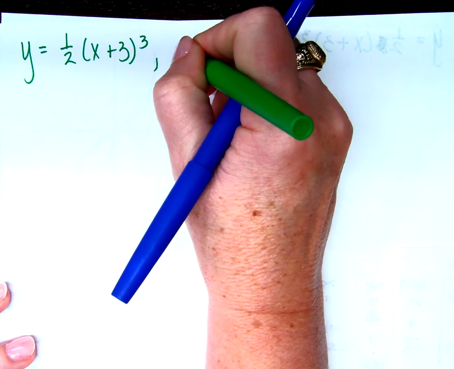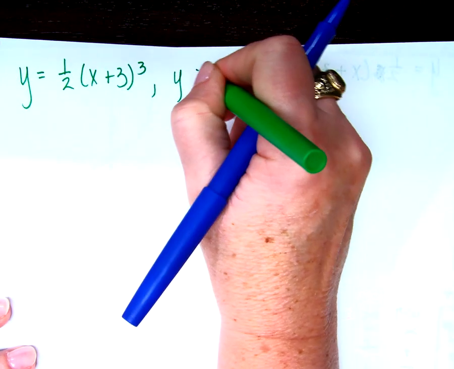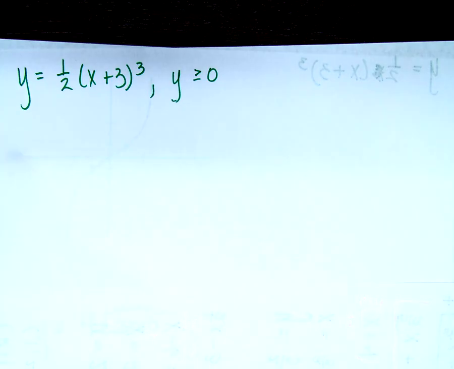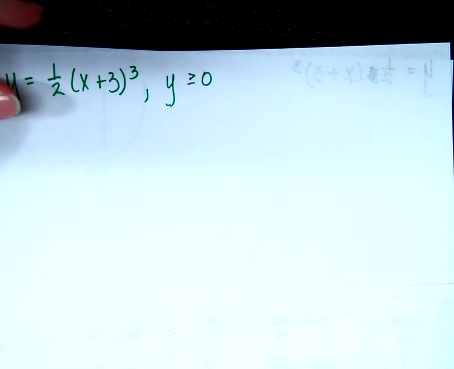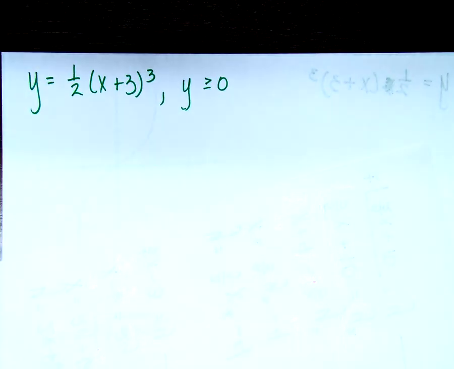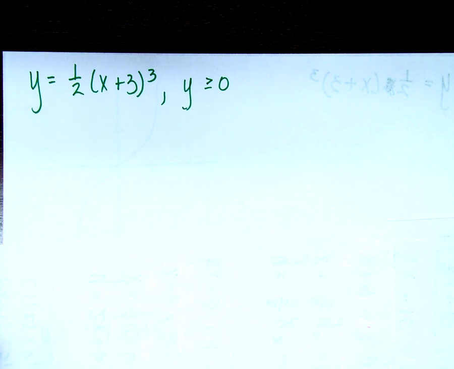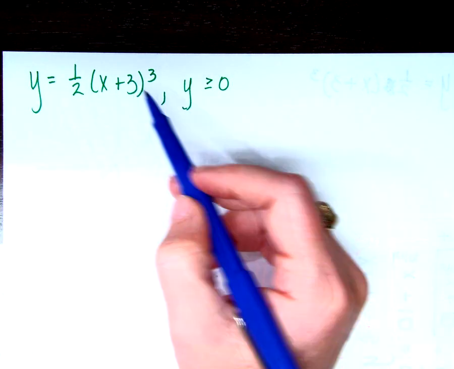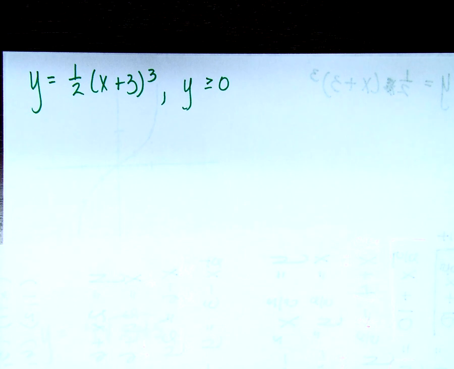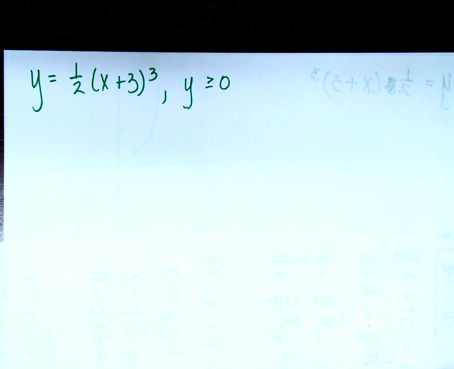I'm going to add something to this really quick because we've got to talk about it. When I have an equation and then a comma and then something like this, y is greater than or equal to 0, or y is less than or equal to 5, or something like that, that's just putting a restriction on my range.